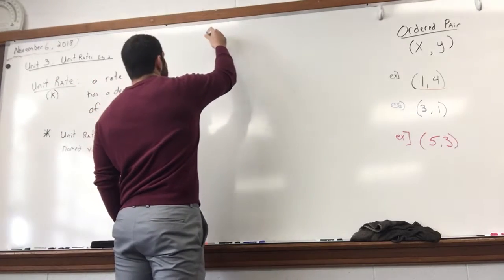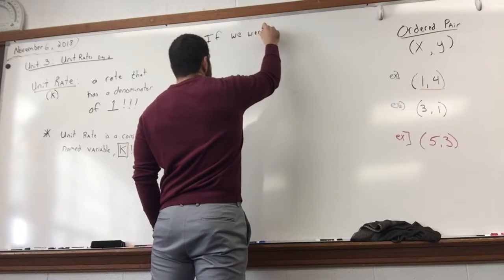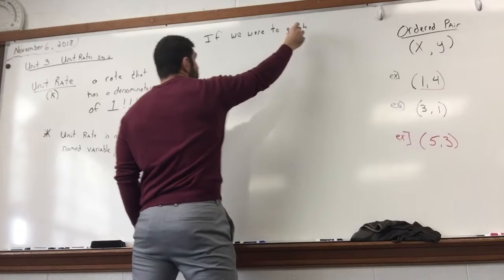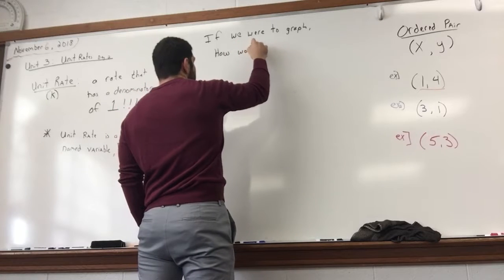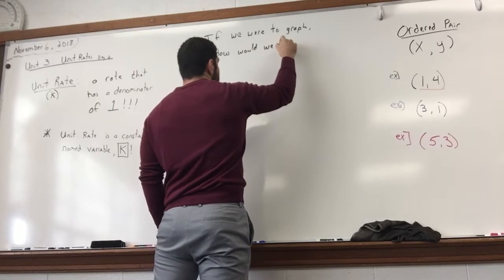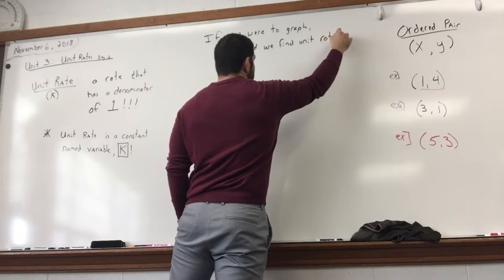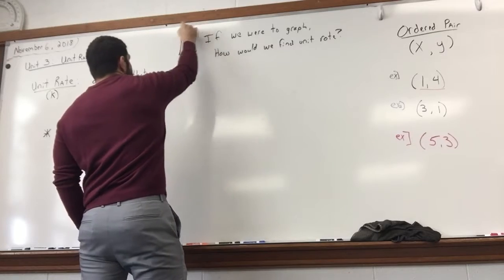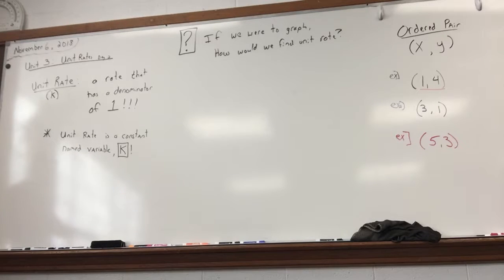Well, if we were to graph, how would we find unit rate? So this is our overarching question for the day. If we were to graph, how would we find unit rate?